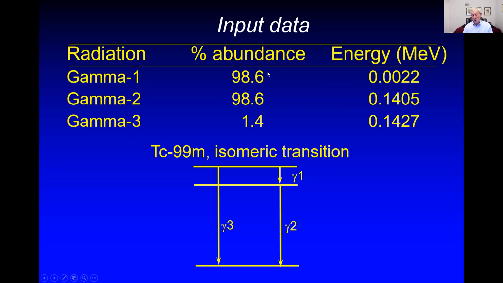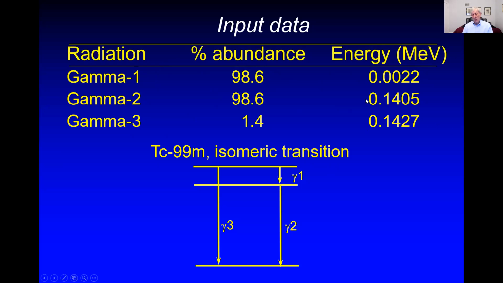Gamma 1, which occurs 99% of the time, is only 2 keV. Is there any hope of imaging a 2 keV gamma ray? And the answer is no. That is so non-penetrating that it will never escape the patient's body. And in fact, we don't like it because it doesn't escape the body and it confers a radiation dose.